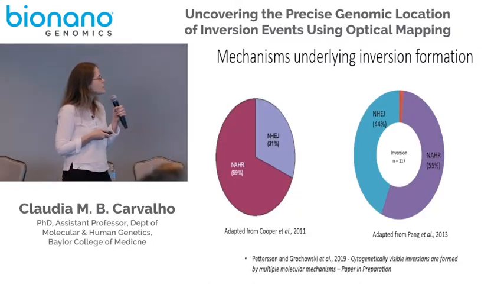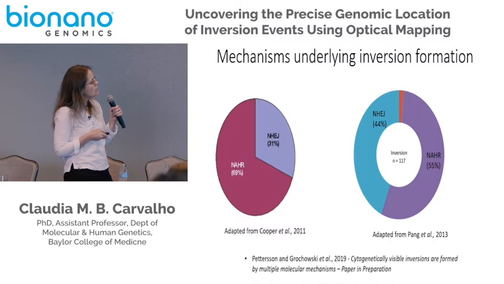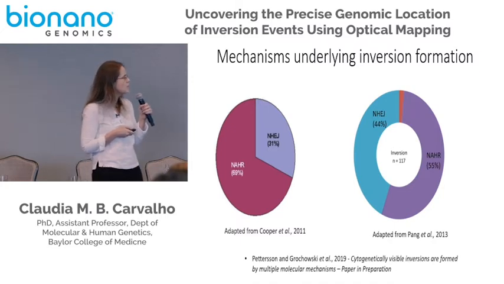In fact, previous work showed that non-homologous end joining can contribute to about 30 to 44% of inversion formation, and non-allelic homologous recombination can contribute to about 55 to 70%.